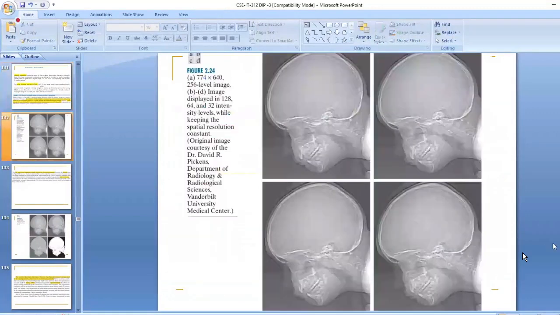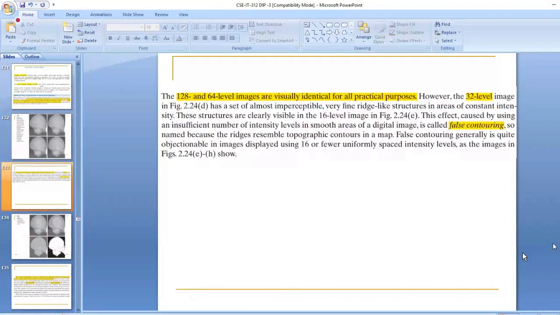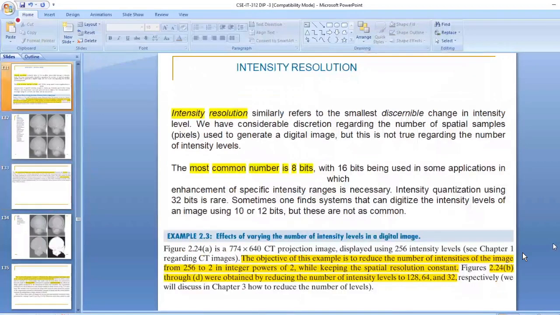Now, in the intensity resolution, we are changing the intensity level. Is that clear?